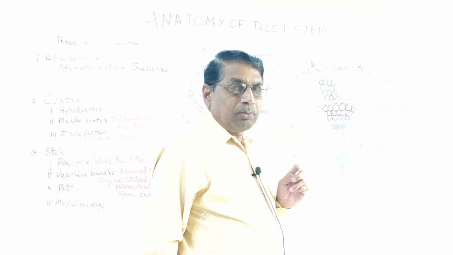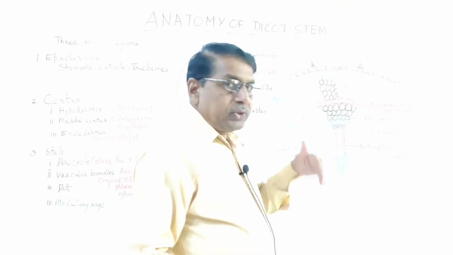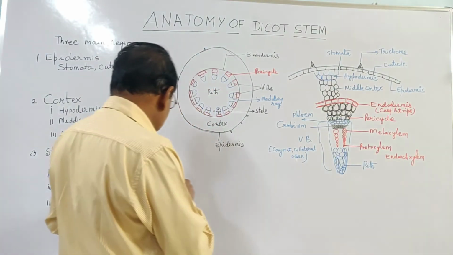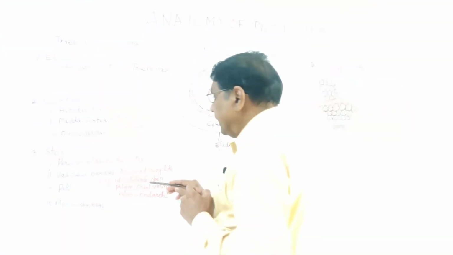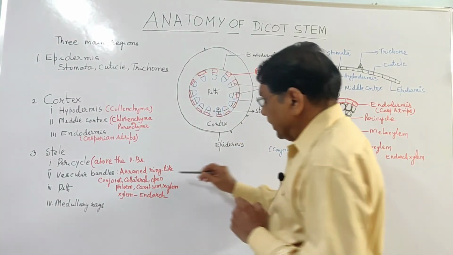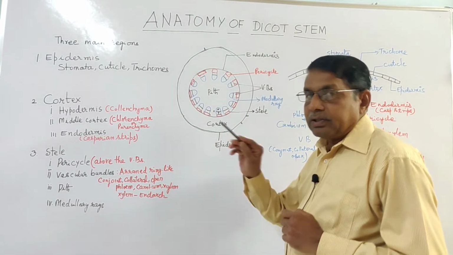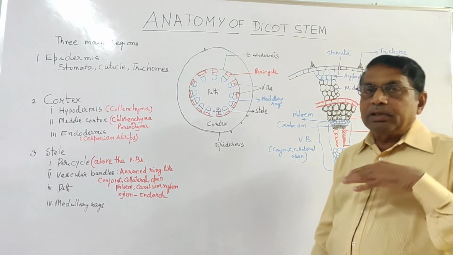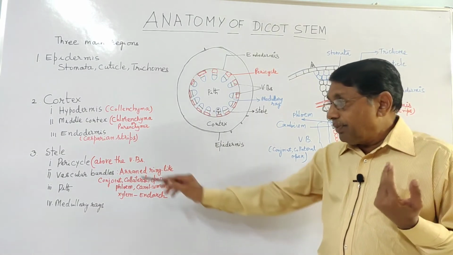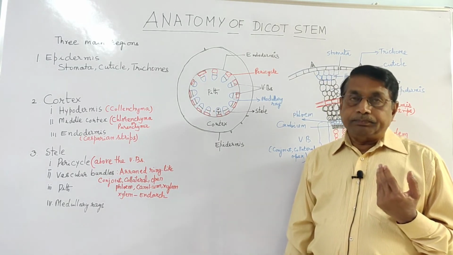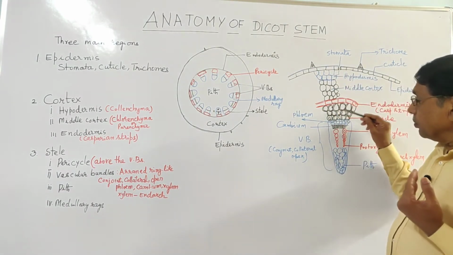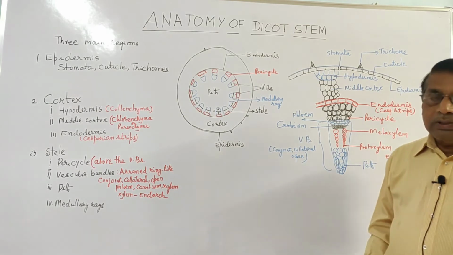The protoxylem is towards the inside, towards the pith side. Therefore, it is called endarch. Xylem is endarch. Vascular bundles are conjoint, collateral, open. Metaxylem outside, protoxylem towards the center.